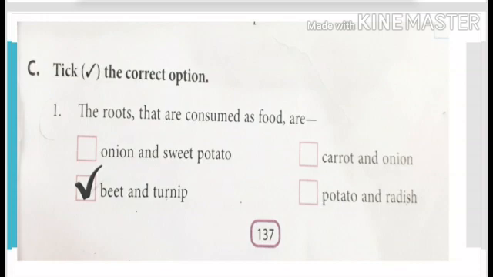Because both are modified roots. The remaining three are the combination of the modified stem and roots. And what he is asking about the roots that are consumed as food. So beetroot and turnip both are the modified roots.